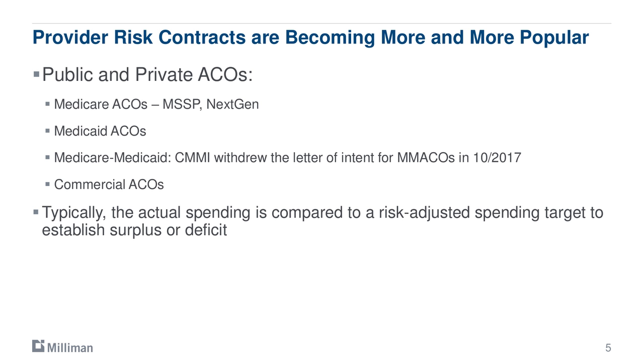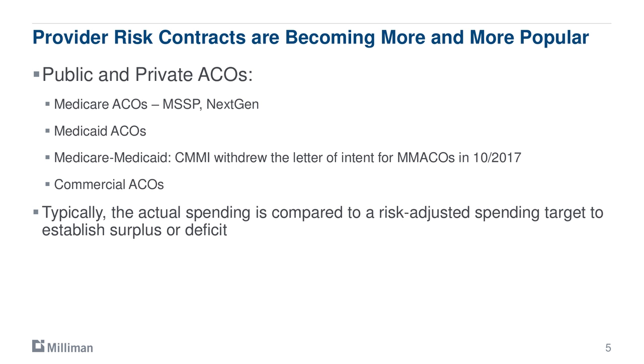And then we have the duals ACO, which actually was an intention but was withdrawn by CMMI, the Center for Medicare and Medicaid Innovation. There was originally a letter of intent that was issued to all the states, but due to lack of interest, what I've heard was CMMI only received one letter of intent to start a program in 2019, and they did not receive any for 2018.